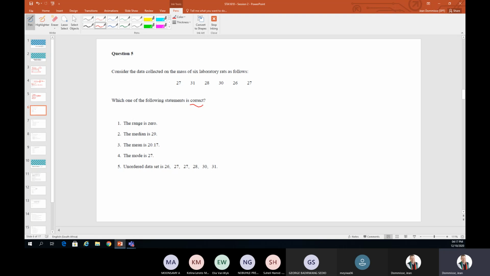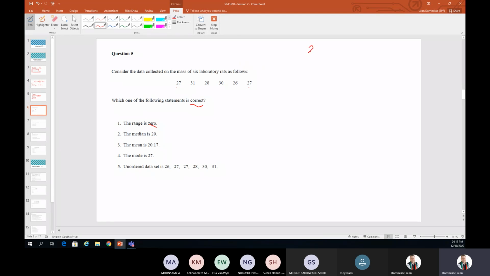So if you didn't arrange the data from smallest to biggest, you would have said 27 minus 27, and you would have gotten 0. But remember, for range, we need to first get the data from smallest to biggest.